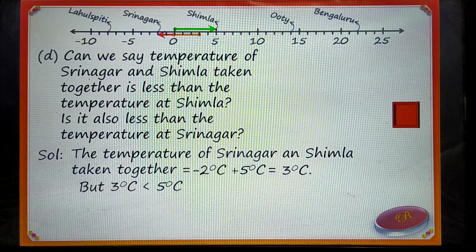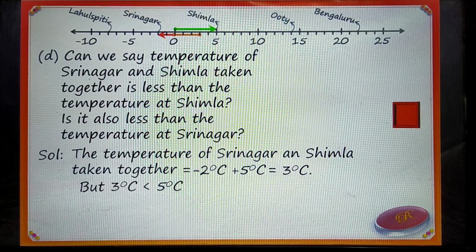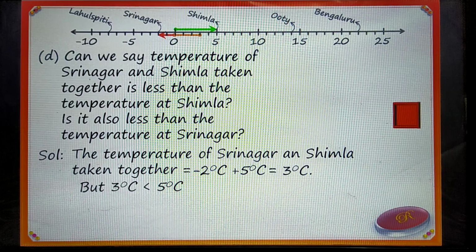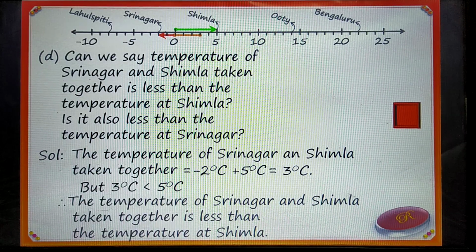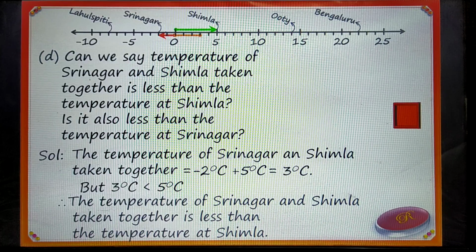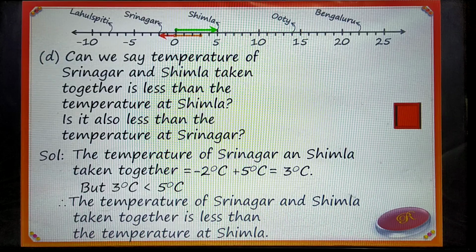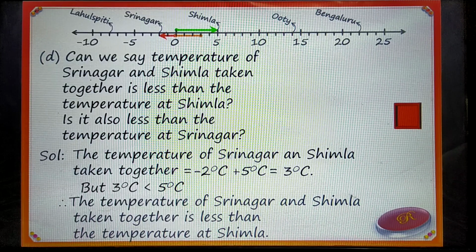But 3 degrees Celsius is less than 5 degrees Celsius. Therefore, the temperature of Srinagar and Shimla taken together is less than the temperature at Shimla.